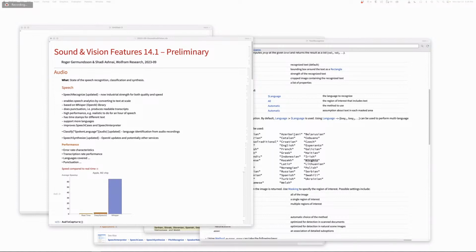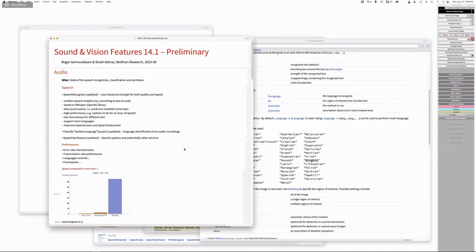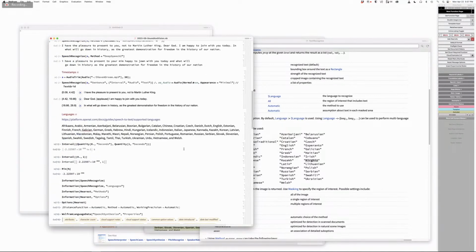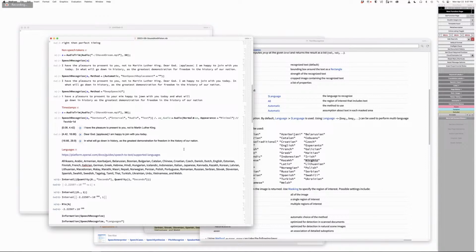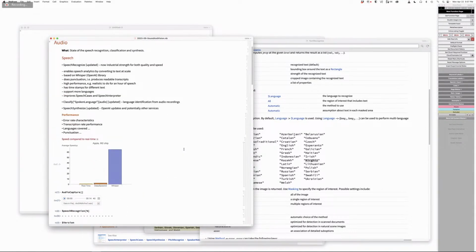All right. Anyway, just a quick note, since we're on this section: the new model allows us to have a classifier for spoken languages. Well, we have language identification on text, but now we're providing it for audio. Which we're naming with a new name? Classify spoken language?